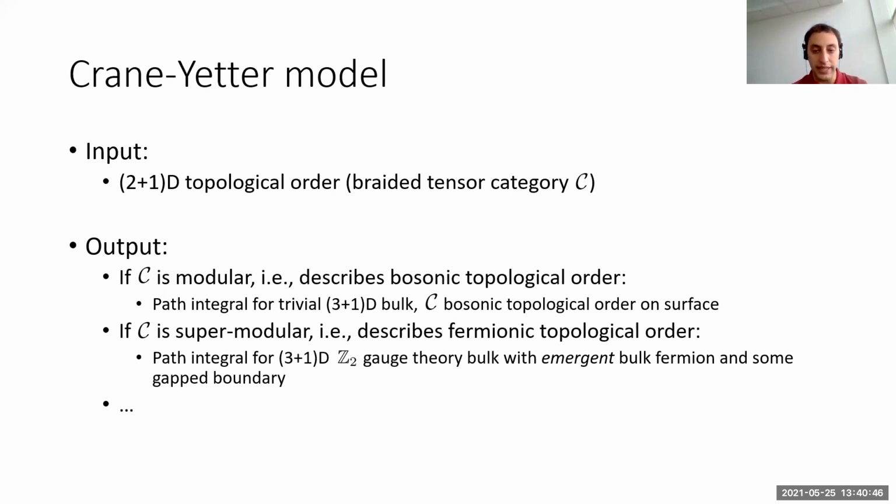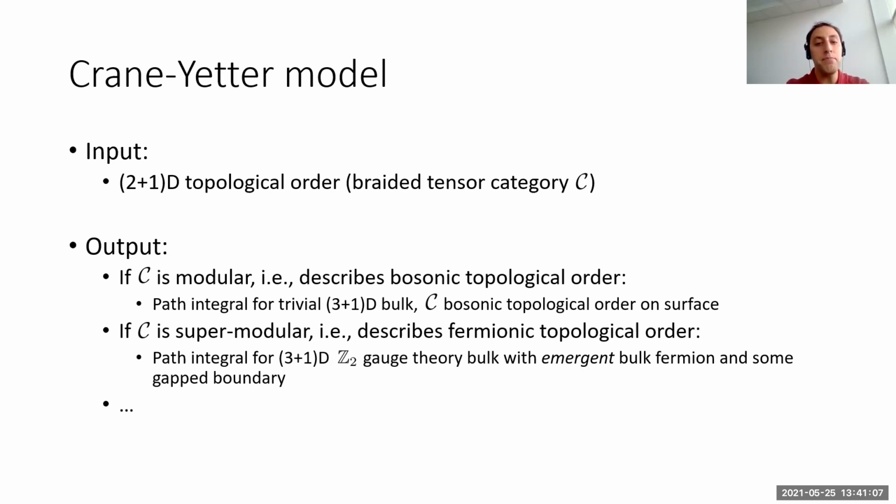Now, one might hope that you could just input the fermionic topological order into this construction and get out some theory that has fermionic topological order living on its surface. However, that's not the case because the theory is intrinsically bosonic.